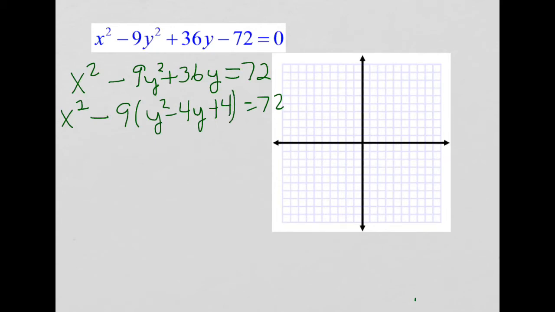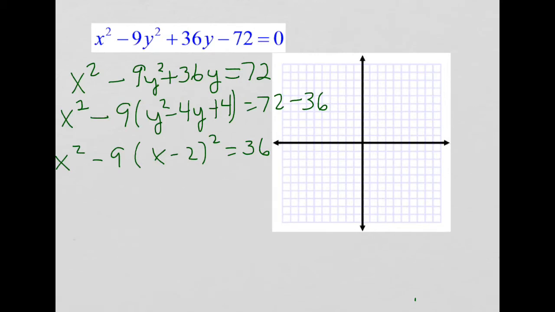But what I'm really adding is negative 9 times 4, which is negative 36. So I have to add negative 36 to the other side. So that gives me x squared minus 9 times y minus 2 squared equals 36.